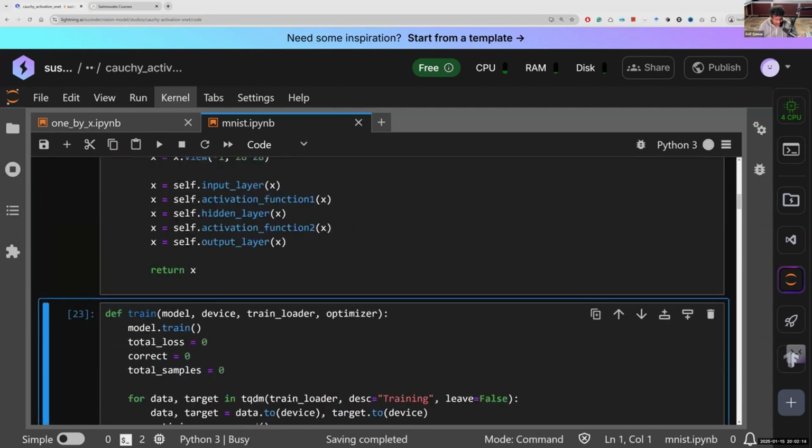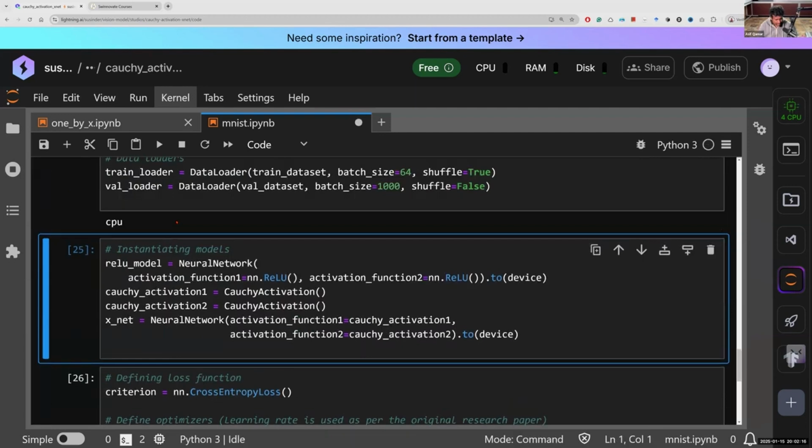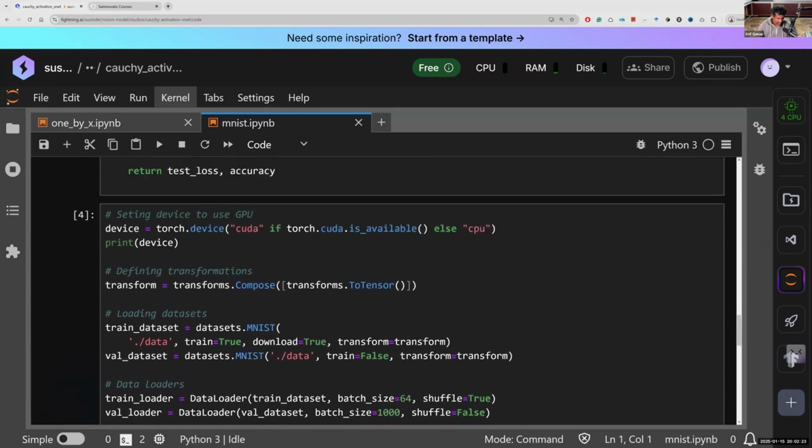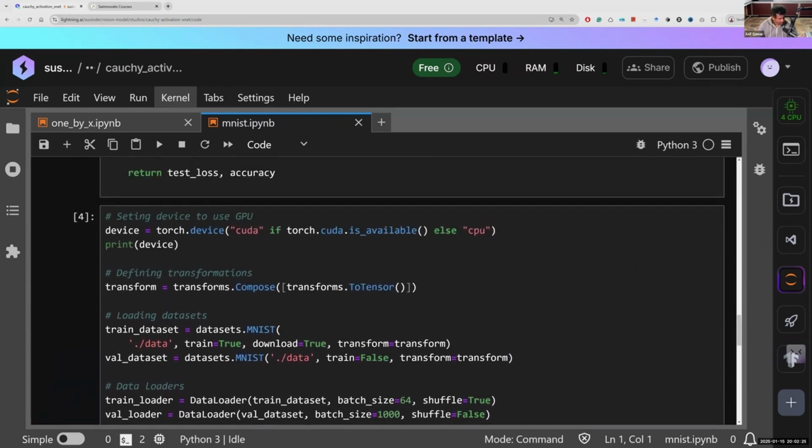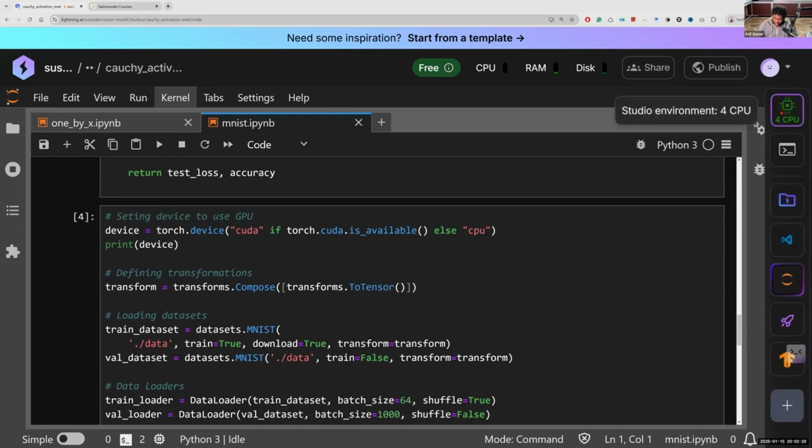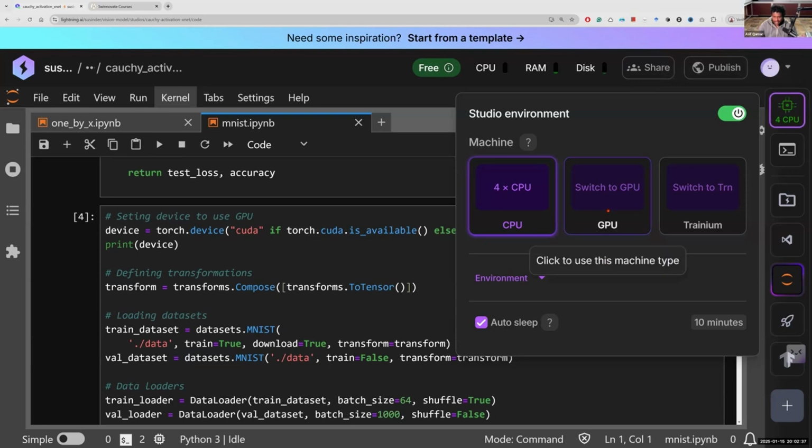Right now it's running on CPU, so the device here is CPU. But I just want to tell you, in case you want to switch to GPU, all you have to do is, on the right-hand side, you see the symbol CPU. You just click it, and then you can say switch to GPU.